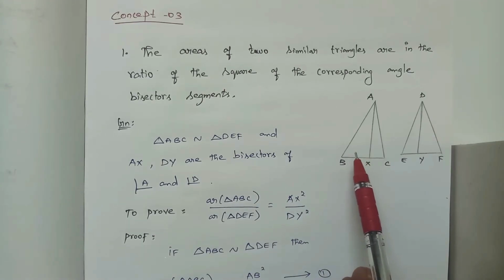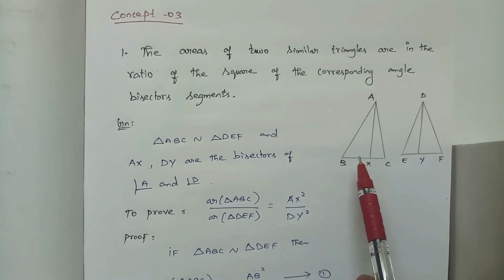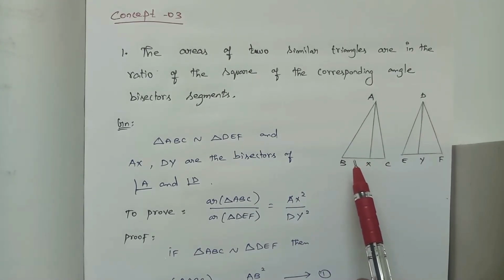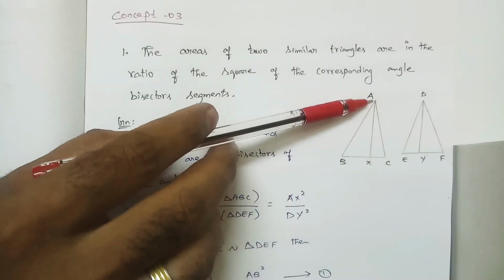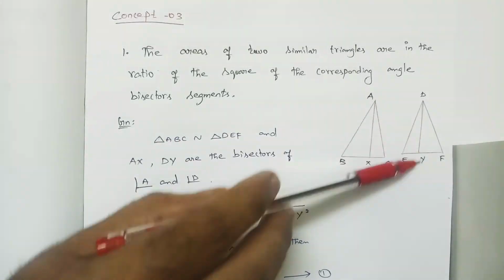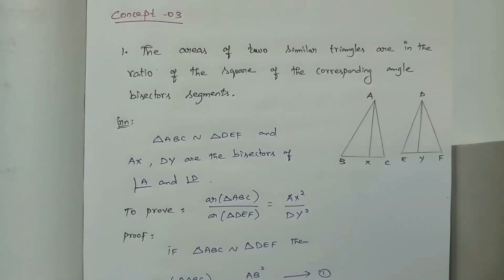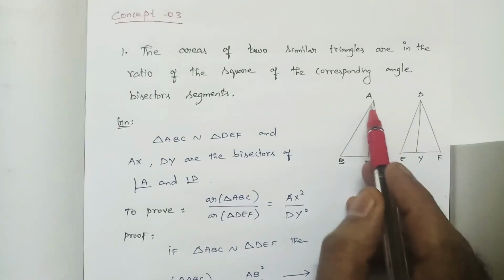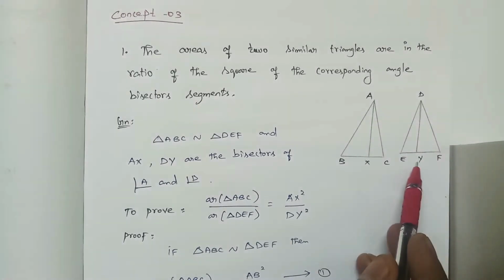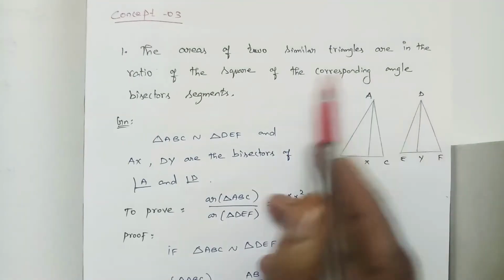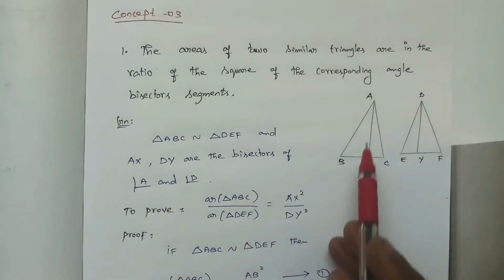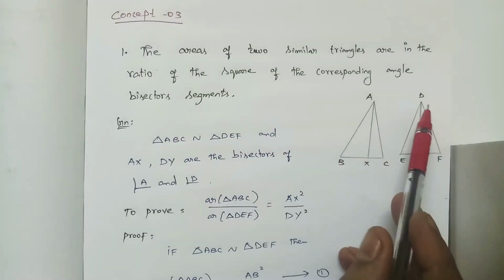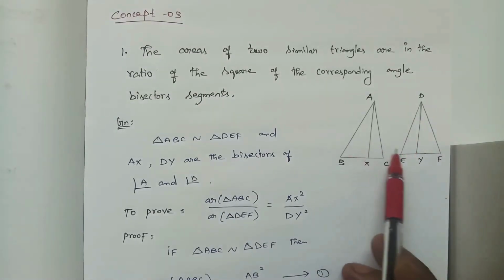At the same time, if the two triangles are similar, then the area will be equal to the square of the corresponding angle bisector segments. Here I am taking AX and DY as the angle bisector segments. I am choosing two triangles, triangle ABC and triangle DEF. These two triangles are similar.